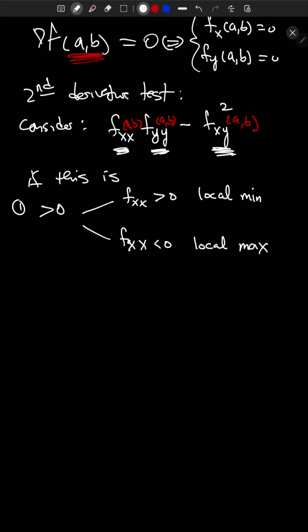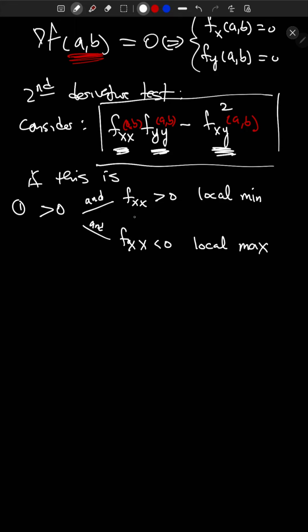So if this special quantity here, which we'll describe very easily in terms of linear algebra, is positive and f_xx is positive, then you have a local min.